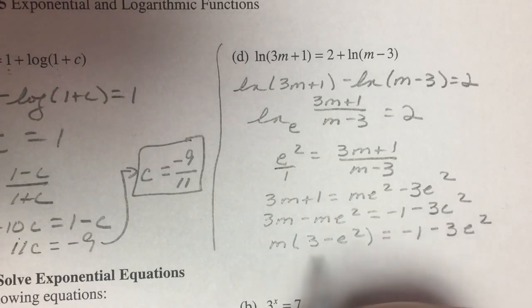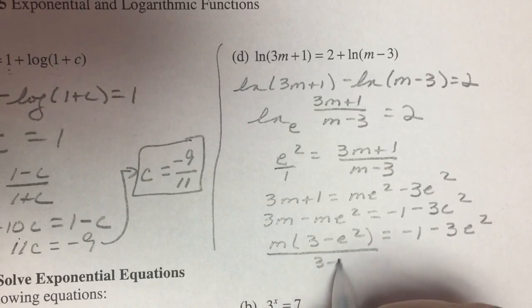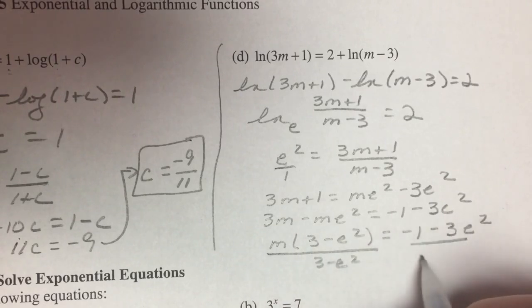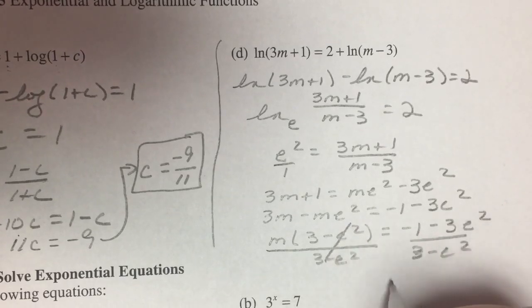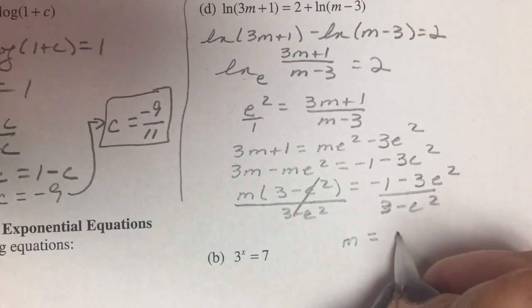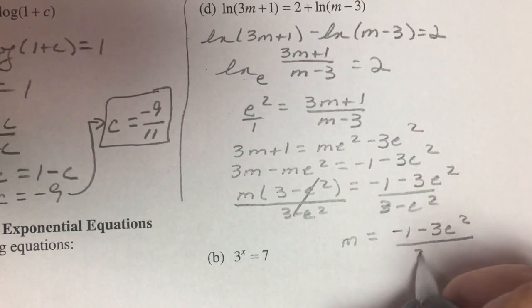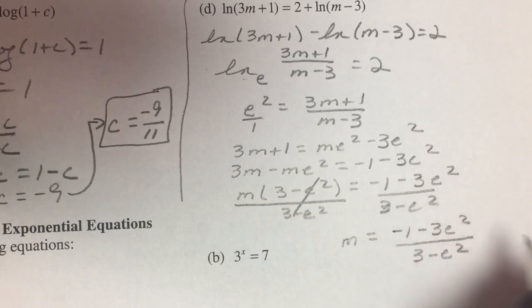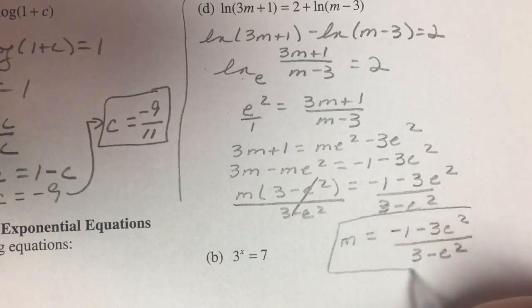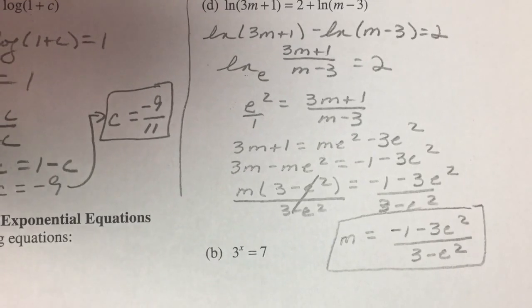So if I divide both sides by 3 minus e squared, those are going to cancel. So m is going to be equal to negative 1 minus 3e squared over 3 minus e squared. So we left it in its exact form with the e.